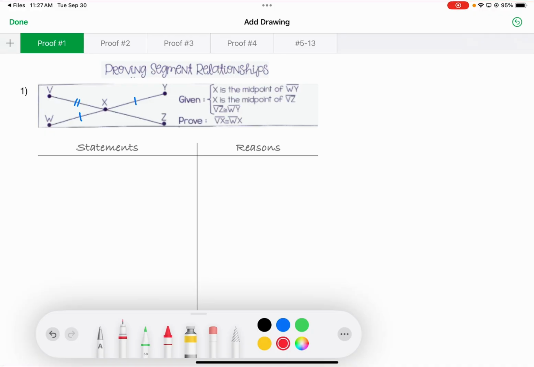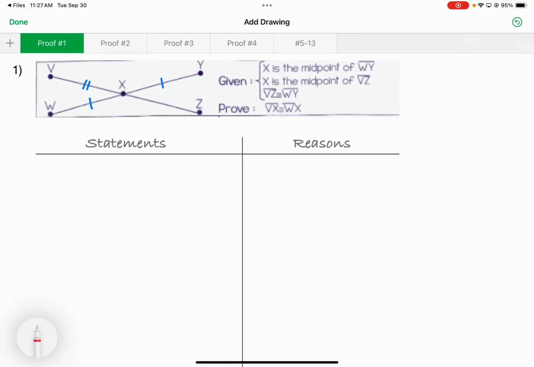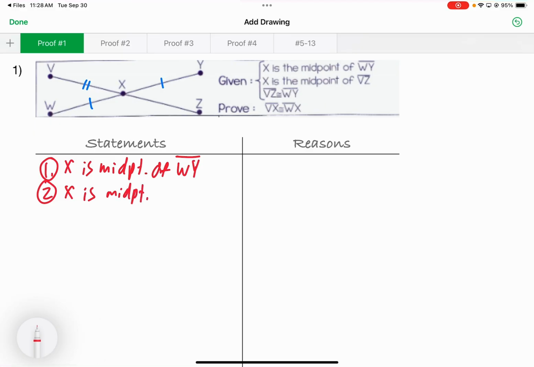Okay? All right. So what do we do first? Given. How many? 2, 3. There's 3 of them. We can write that all as one step. So X is midpoint of WY. X is midpoint of VZ.